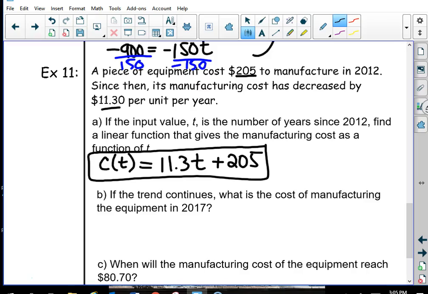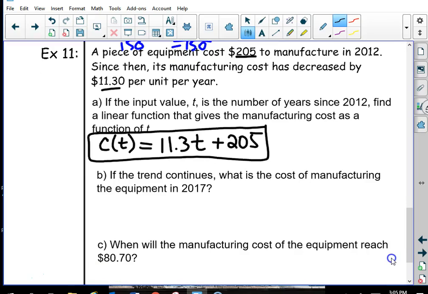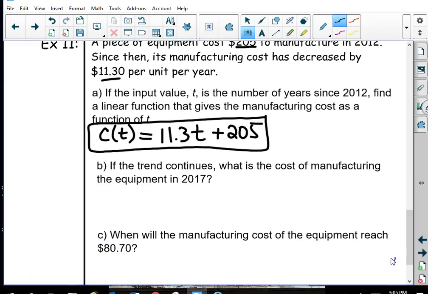If the trend continues, what's the cost of manufacturing the equipment in 2017? Well, 2017 minus 2012 is going to give me 5. So we're just going to plug in a 5. And as I'm working this part of the problem, I realized that they said that the cost per year decreases.